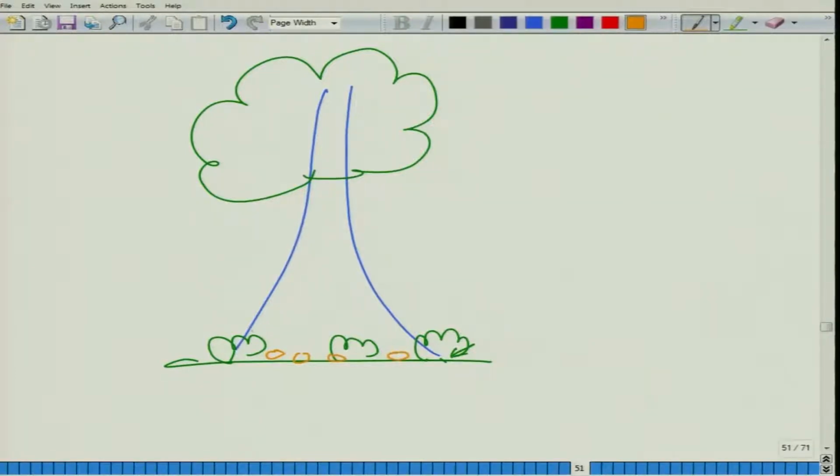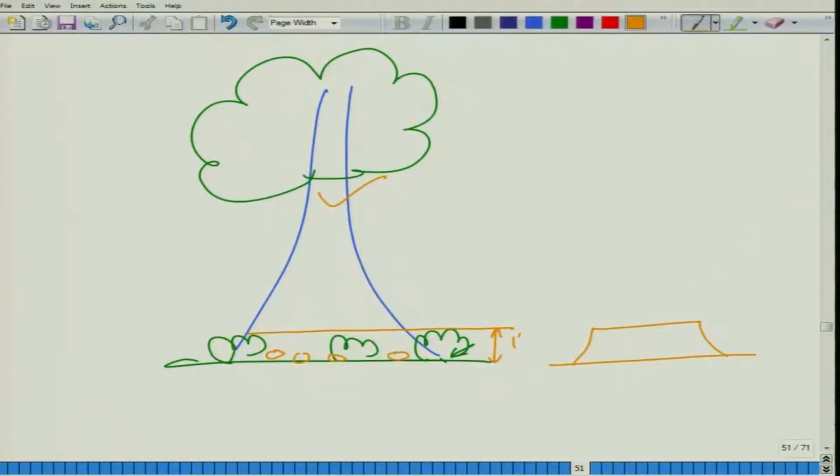So, we cut a tree at a certain height, which is generally 1 feet. So, once you have felled this log, you get a stump that looks like this. So, you have removed the top portion of the tree and you are left with a stump.